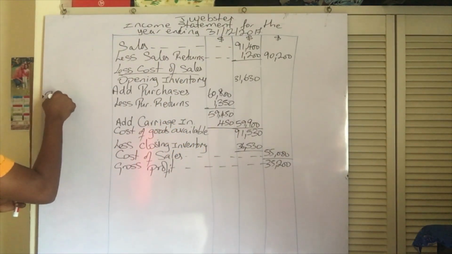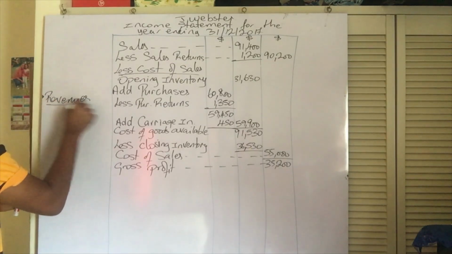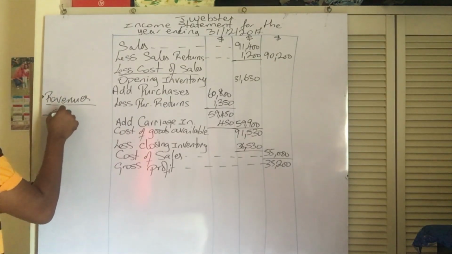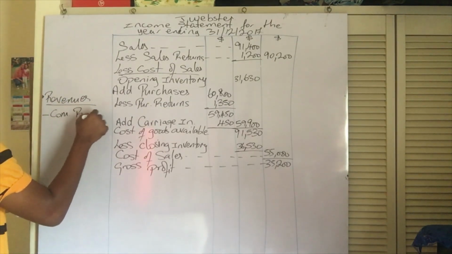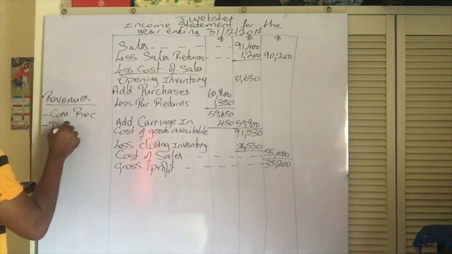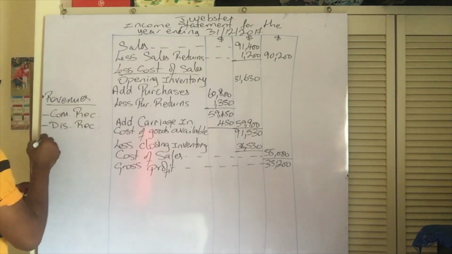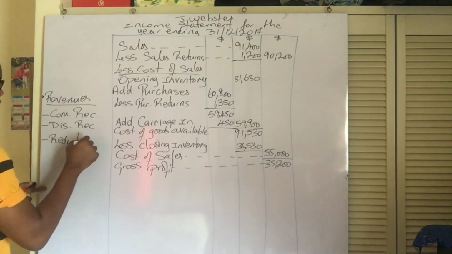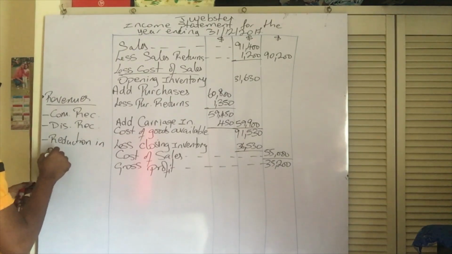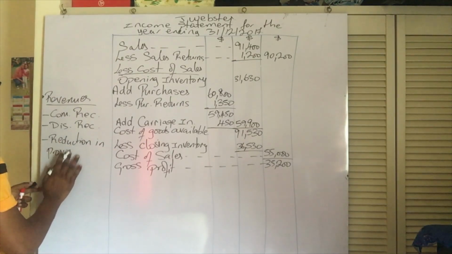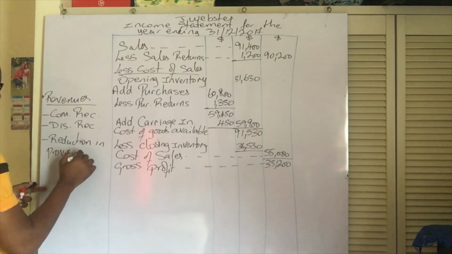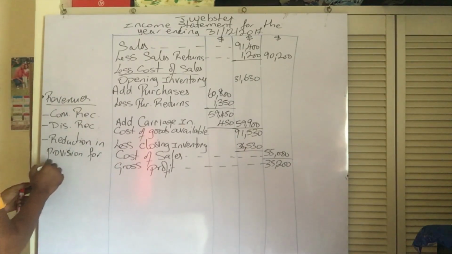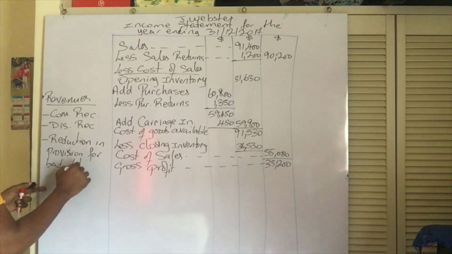So the revenues that they can ask, most commonly: commissions received, discount received, reduction in provision for bad debt, right?